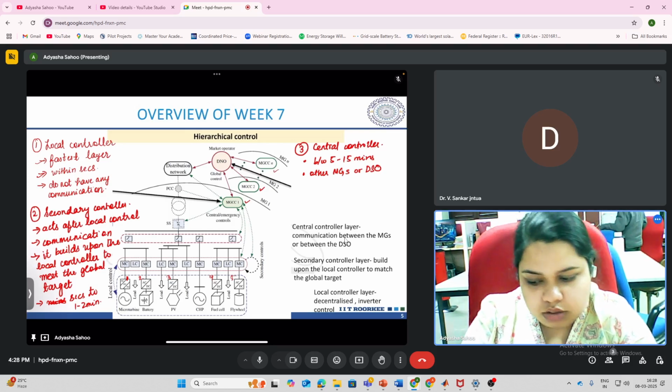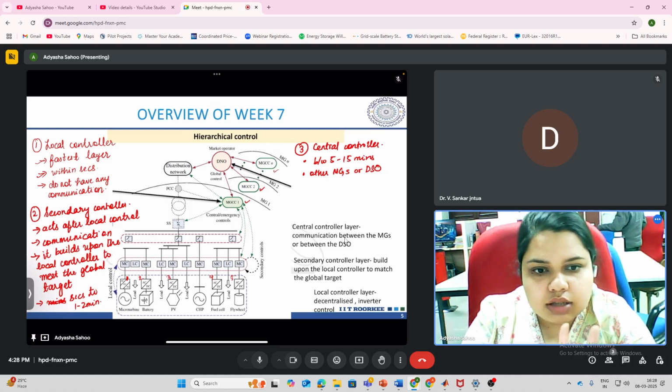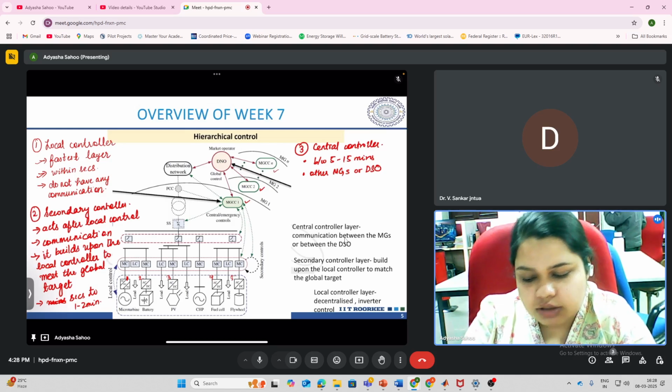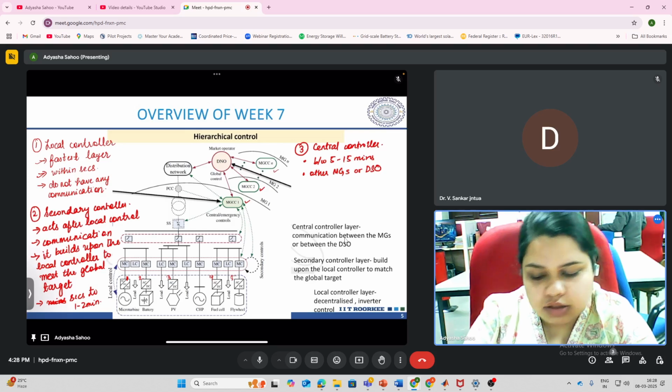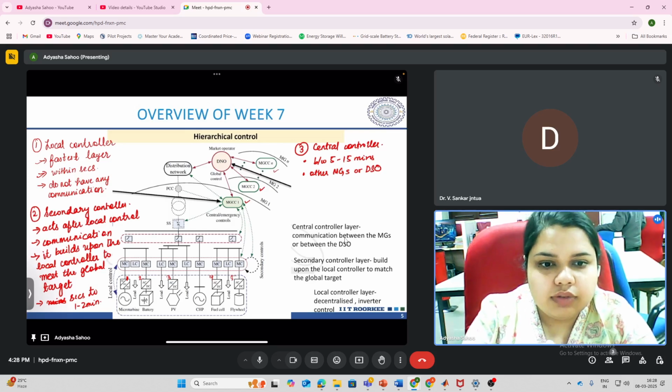Once that is done, to manage the disturbances within these 5 minutes, you have the secondary controller and the local controller. Let's say suddenly you have a high wind speed, or a change in the irradiance, then it may lead to voltage and frequency variations. The first action will be taken by the local controller.